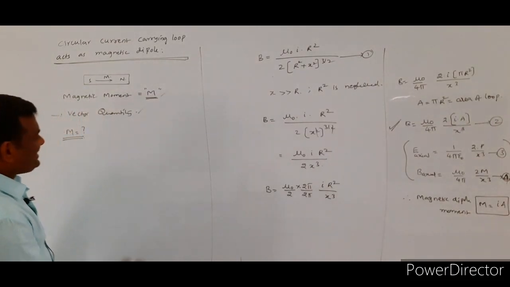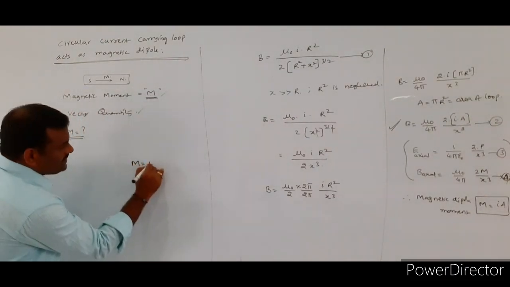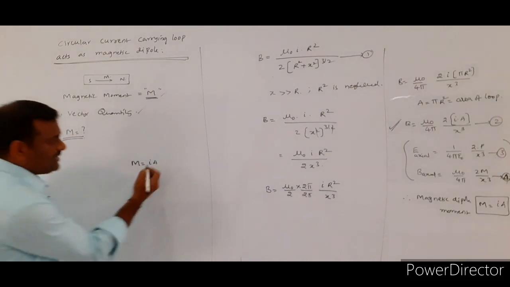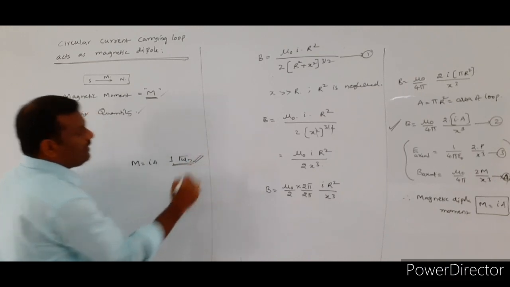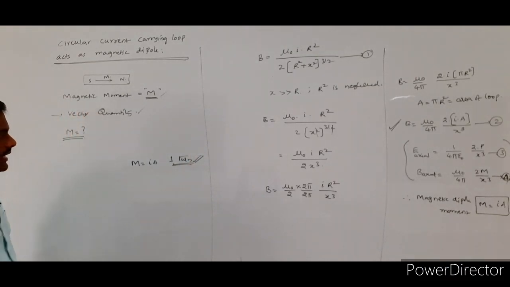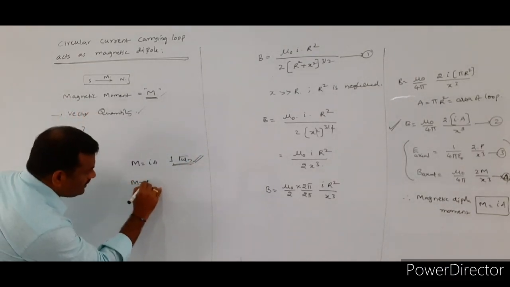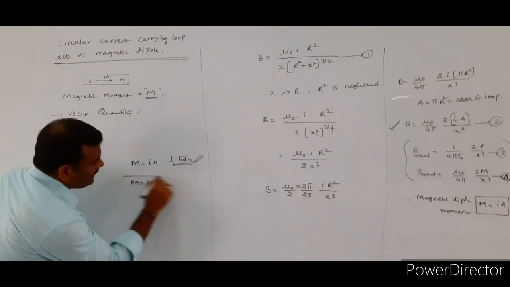If the loop consists of N number of turns, M is equal to N I A.